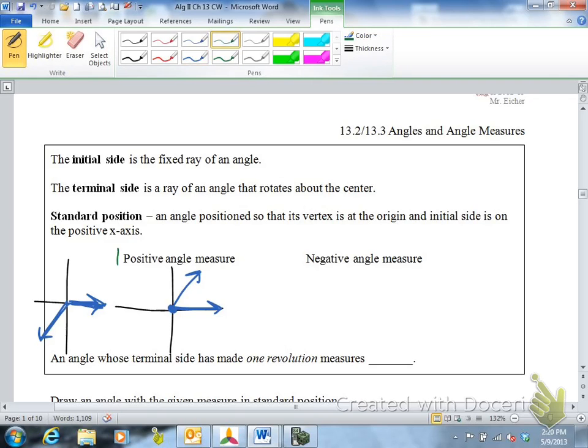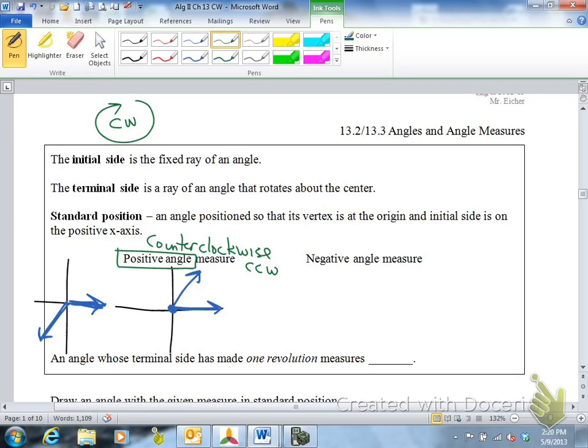First we'll do positive angle measures. Positive angle measures are ones that are counterclockwise, or CCW. Counterclockwise means the opposite way the clock goes. So the clock goes this way, that would be clockwise.